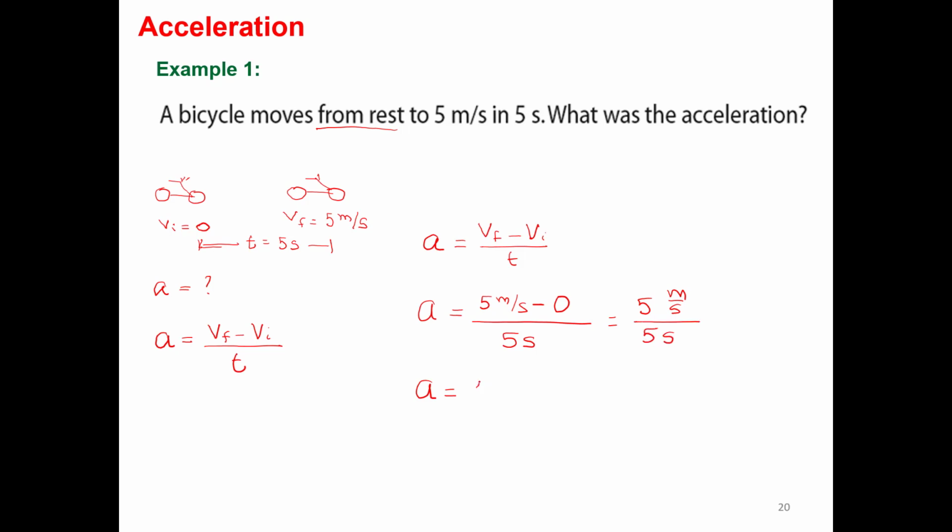Then 5 divided by 5 is 1, and we know what happened with these units. We had meters per second, but then we flip this one, and we have meters per second squared. It's 1 meter per second squared.